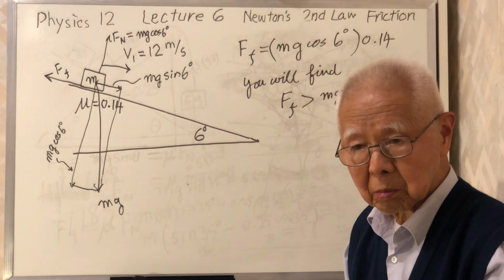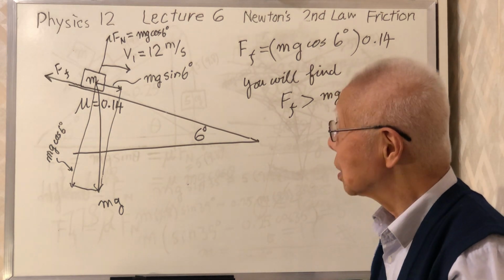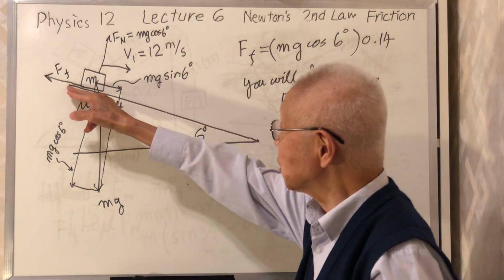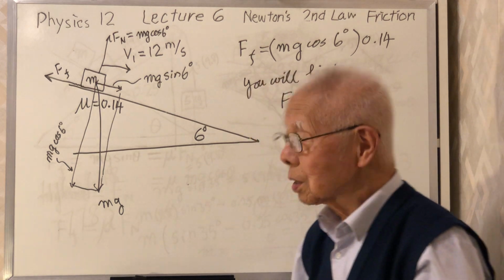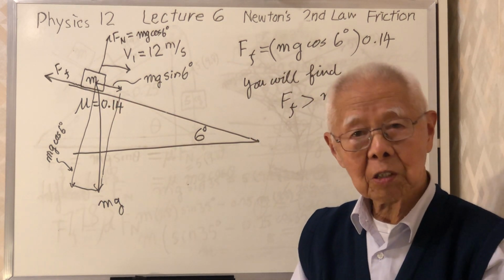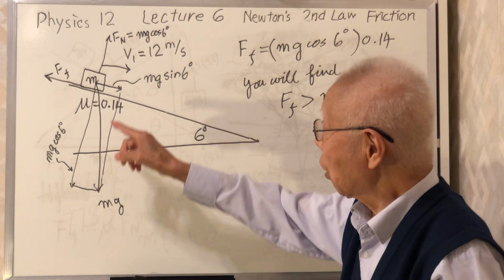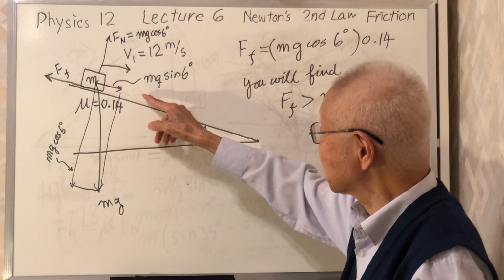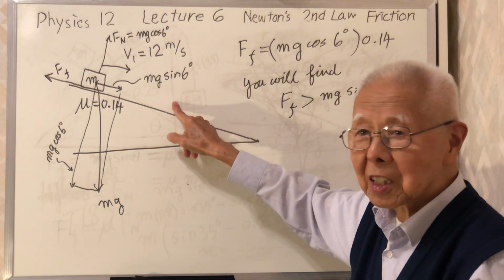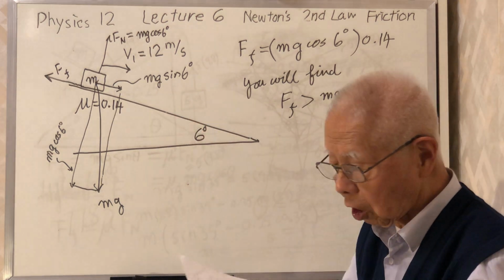What does that mean? That means since this is larger than this, the mass will slow down, you see? So it slows down, slows down, slows down, until somewhere it stops.